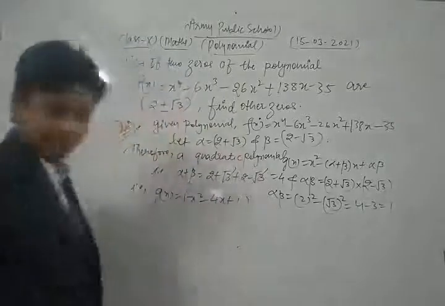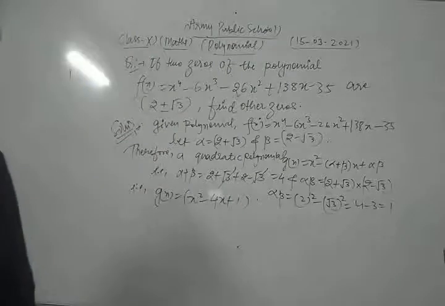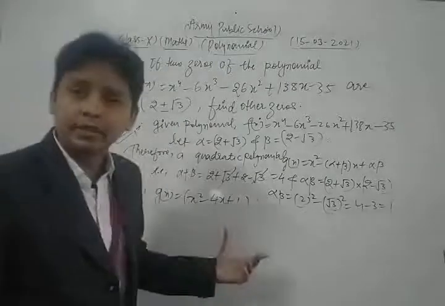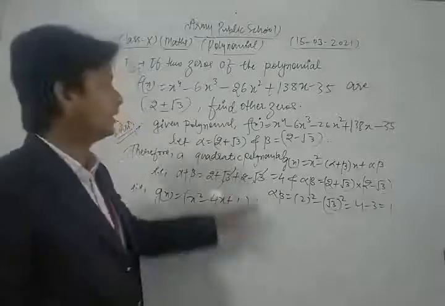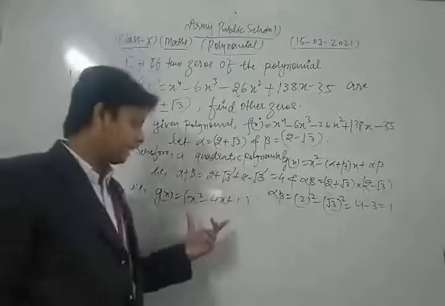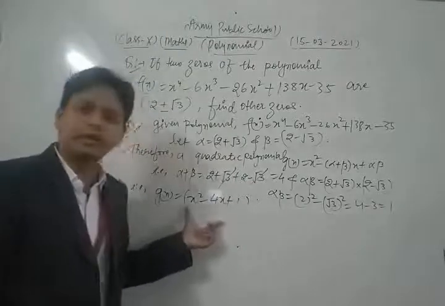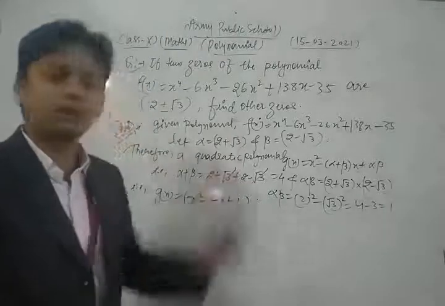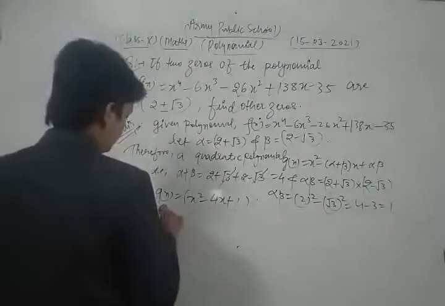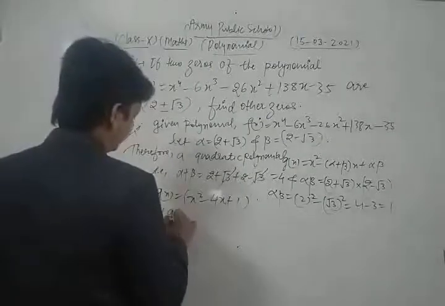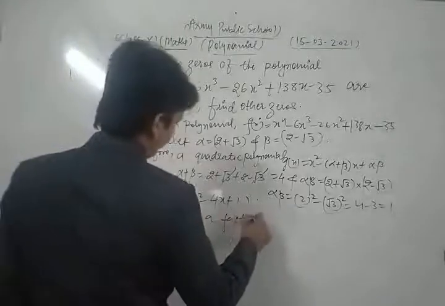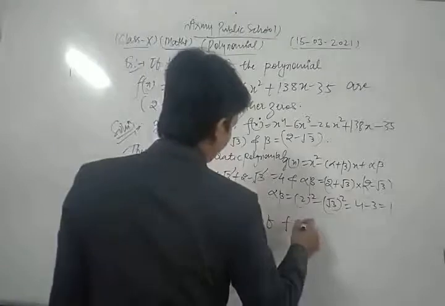Thus, x square minus 4x plus 1 is a quadratic polynomial which is a factor of f(x). Dear student, g(x) is a factor of f(x).